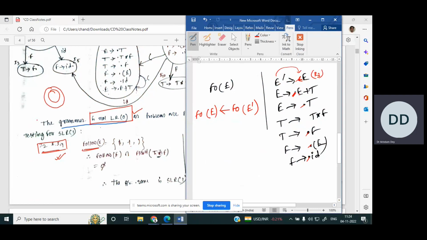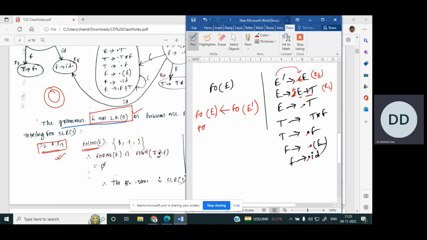Now the next production is E to E plus T. You know that I can apply rule number 2 over here, alpha to beta gamma. If I consider epsilon here also, I can make it as a first segment, a second segment, and a third segment.